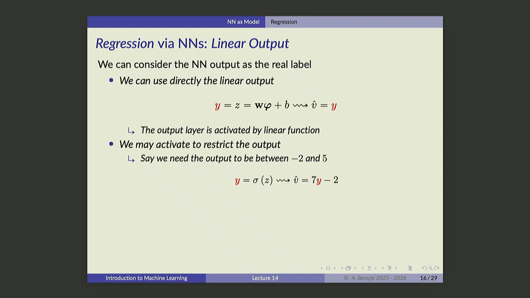Sigmoid is going to be between 0 and 1, right? And then you're going to do a transform again on this one, right? So 7y minus 2 is definitely between -2 and 5, right? This is one of the choices. Yeah? So you can play around with that output if you know the scope of the problem, but typically using a linear output is very common in this case.